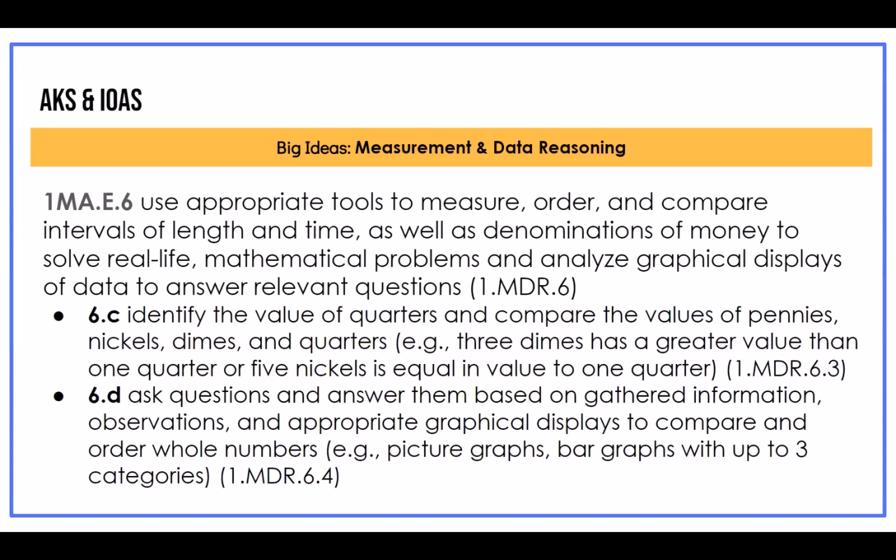Students will compare the value of sets of coins, like comparing the value of 2 quarters to the value of 6 dimes. Students will use counting and place value strategies to find the value of the sets of like coins and use their background knowledge of comparing 2-digit numbers to compare the value of the sets.